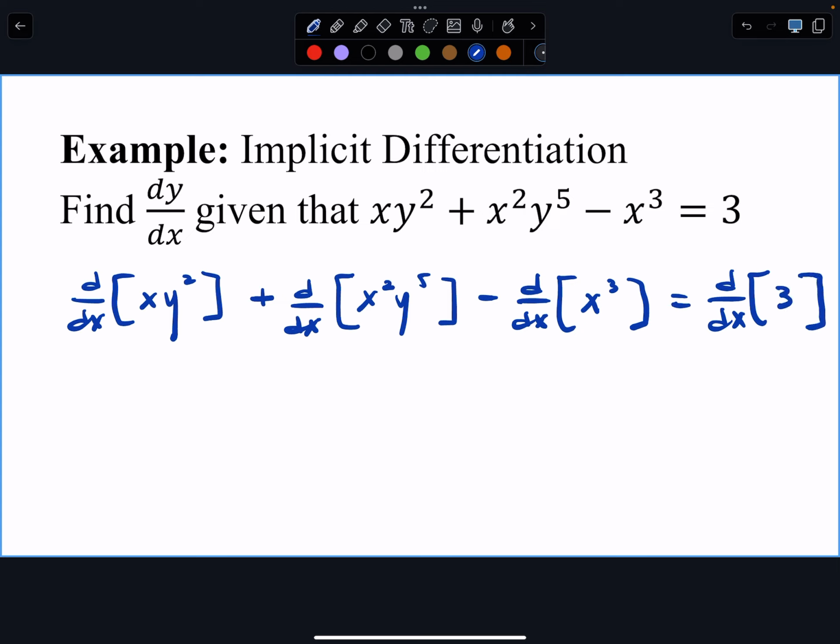You're not always going to be told, hey, find dy over dx. Next time you're going to be asked, find the rate of change of surface area with respect to time. So let's get used to communicating what we're going to do.